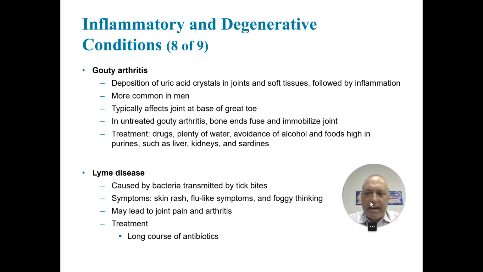Okay, there's gout. Deposition of uric acid crystals in the joints and soft tissue followed by inflammation, more common in men. It really affects the great toe a lot. And if left untreated, you will get fusion of bones, immobility.